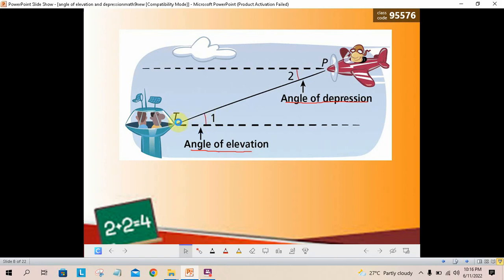This is the line of sight, and this is the horizontal line. The angle 1 is called angle of elevation, since the observer will look up into the object, while the observer P here will look down. So we have the angle of depression.